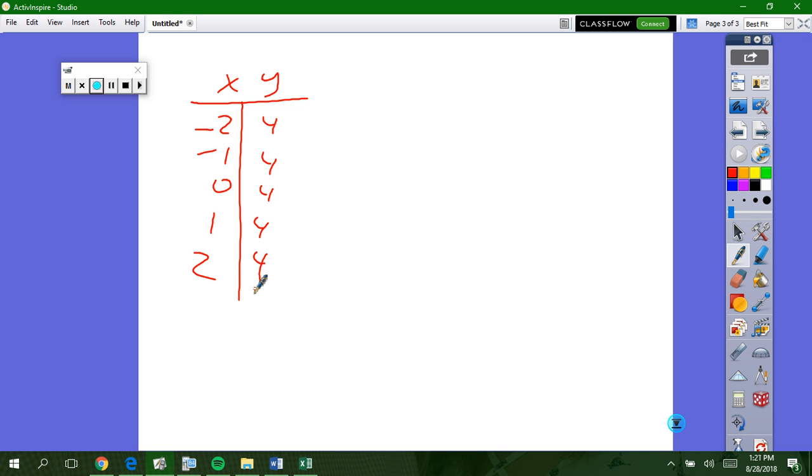Why is this 4? Always, doesn't matter what your x values were. Always 4. We can tell that. Doesn't matter what our x values are, every time it will give me a y value of 4. Okay. This would be a constant graph. Notice because it's constant before I've done anything.